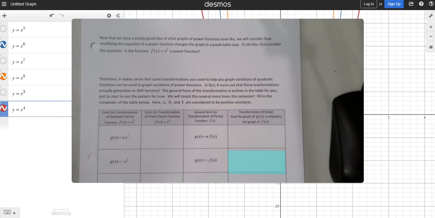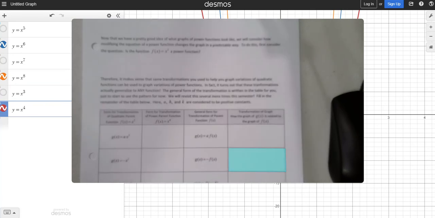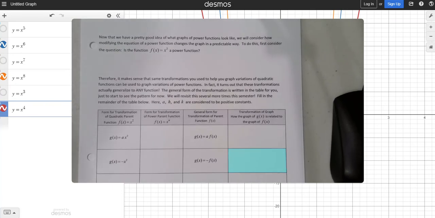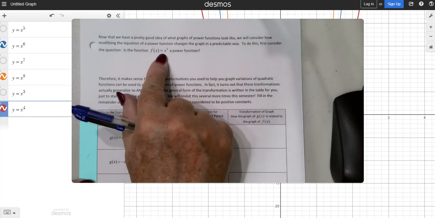Now that we've got a really pretty good idea of what these graphs of power functions look like, we've done a pretty thorough analysis, we're going to consider how modifying the equation of a power function will change that graph in a predictable way. In order to do this, just a reminder, is this familiar quadratic function a power function? It is, right?